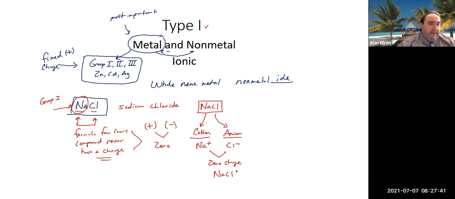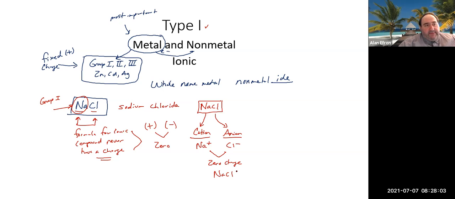Sometimes people get a little confused on that. Again, the formula you write for an ionic compound should always equal 0, with no overall charge, but it is still made up of two things that do have charges, a cation and an anion.